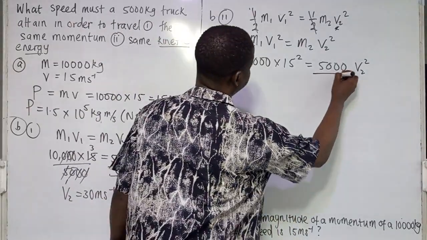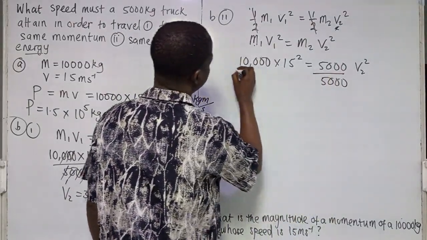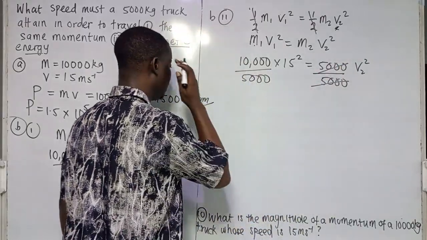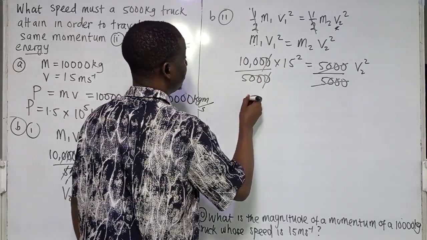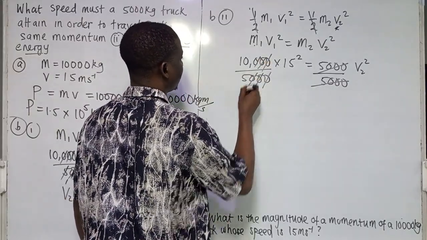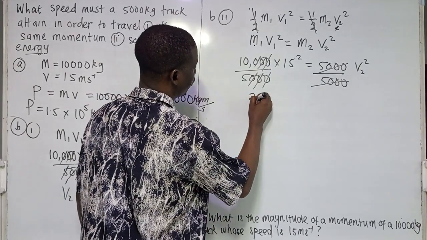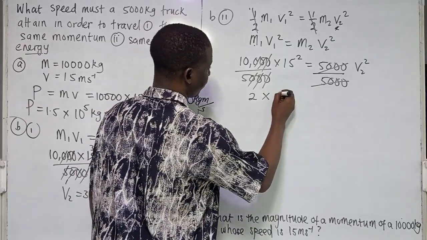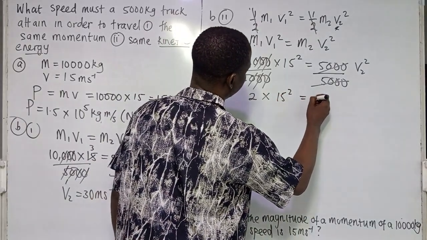So we divide both sides by 5,000. This will cancel, this will cancel, and that will give us 2 times 15 squared equal to V2 squared.